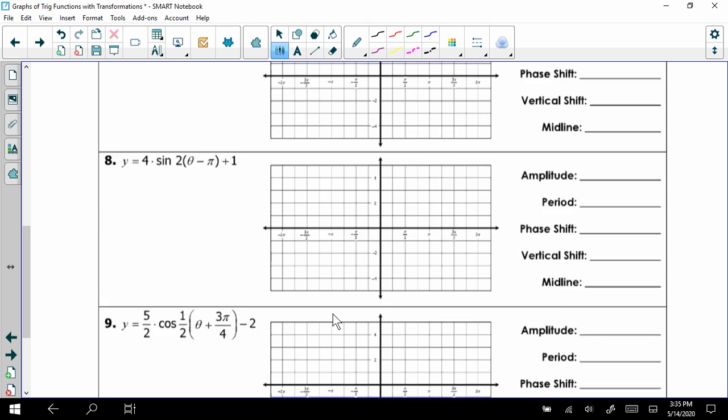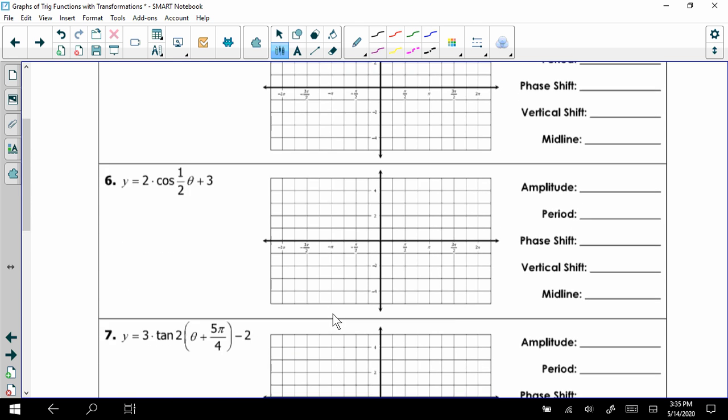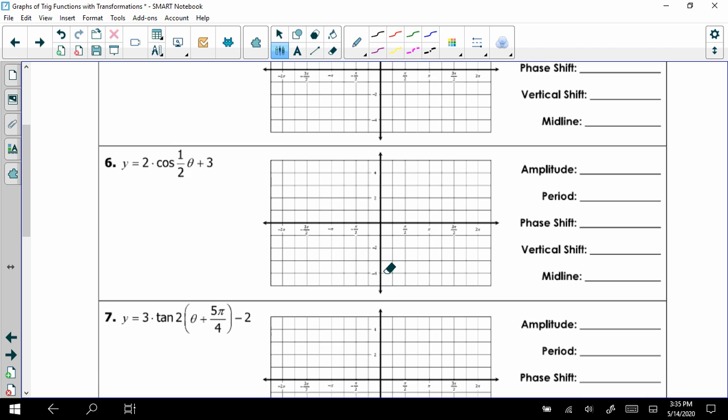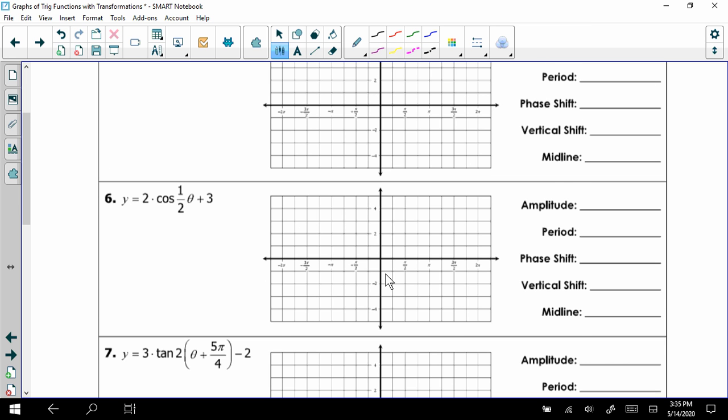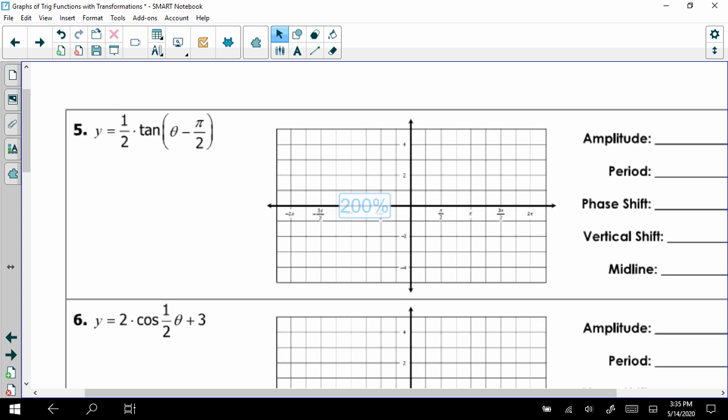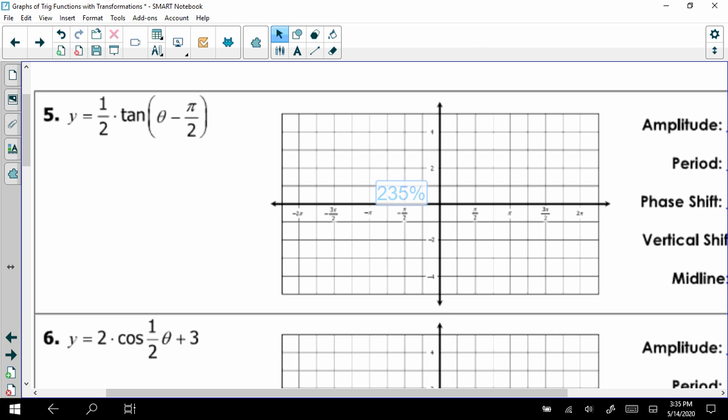Just because all the fractions make it a little bit of a pain. But let's do tangent first. I was trying to decide. Yeah, let's do this tangent first. Okay, so we are going to make ourselves a little bit bigger here. Don't you wish you could make your paper do that?